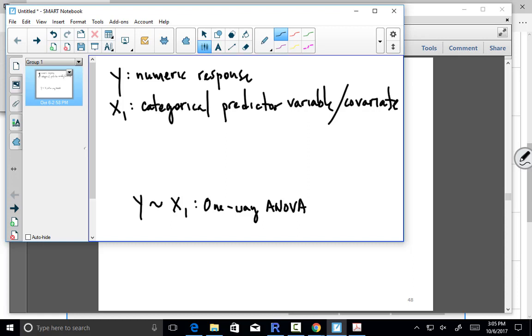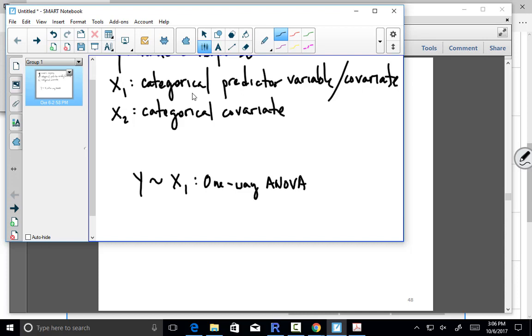If we had an additional categorical variable, categorical again, then we could consider a model in terms of both x1 and x2. So I'm going to measure your pain, the response, and model it in terms of treatment.